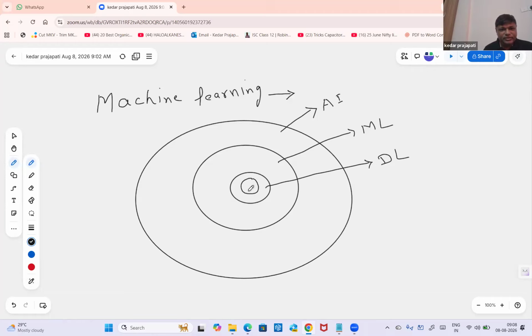So you can say this portion is Gen AI. And then the small portion here is agentic AI. Okay? This small portion is agentic AI.